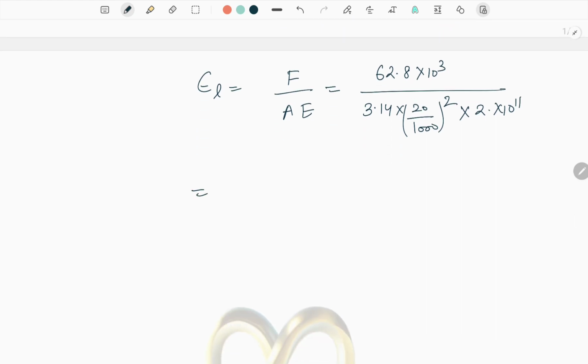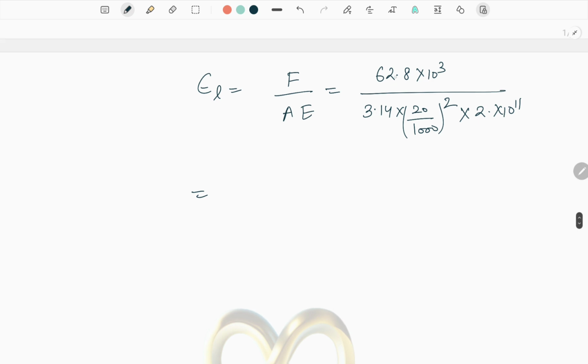If we simplify this, the final answer is 25 into 10 to the power minus 5.